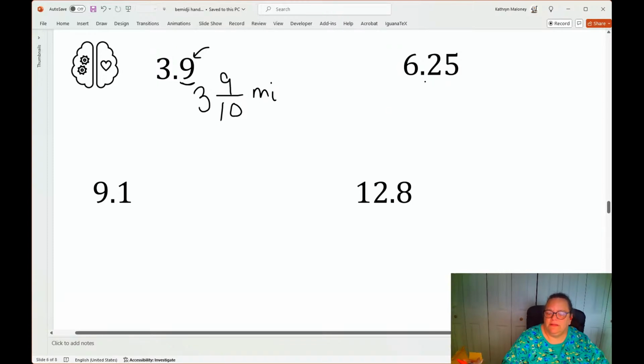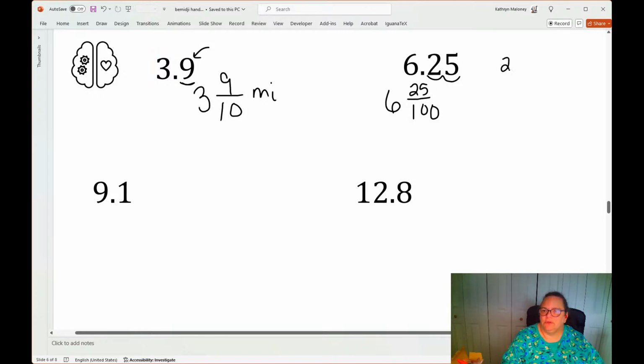Let's look over here. So we have 6. I'm going to make my fraction bar. What's the number after the decimal? It's 25. I'm going to make my 1. Always a 1. How many decimal places do I have? I have 2. Okay. Well, here's the thing. 25 over 100, I think that reduces.